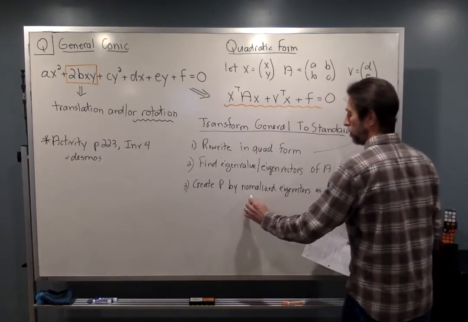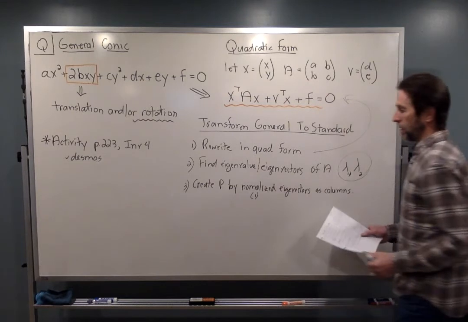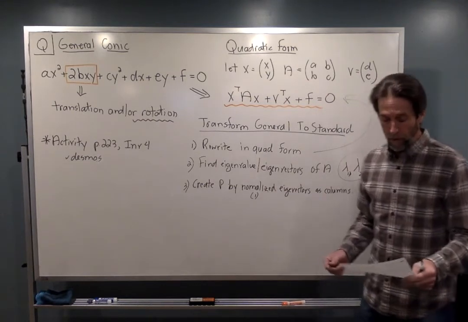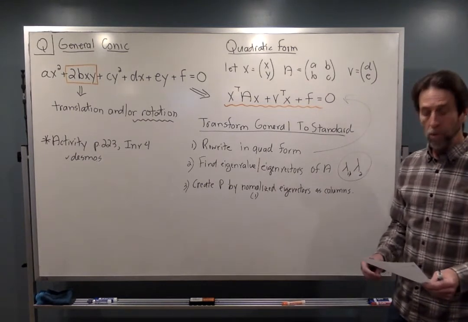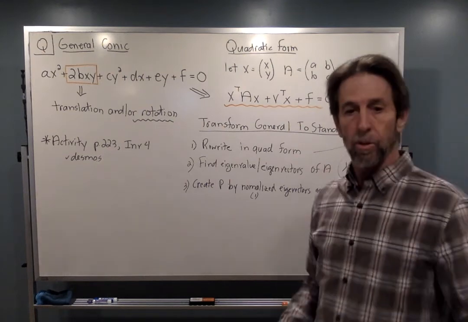Now normalized, remember, means basically it's a length of 1 if you want to think of it as a vector. And we do want this determinant, of course, also to be 1.